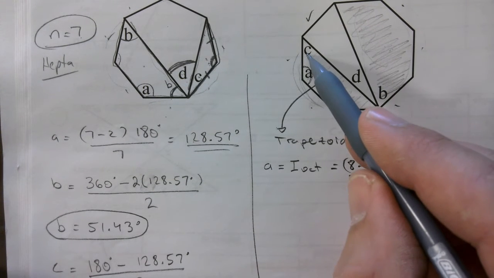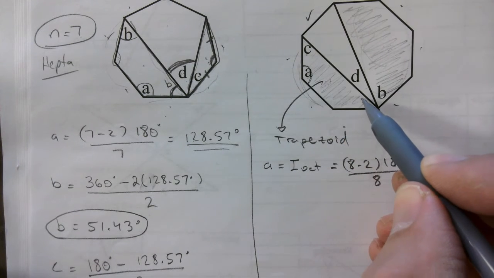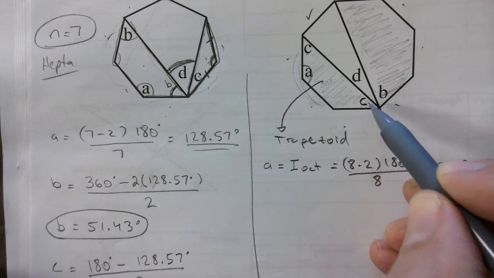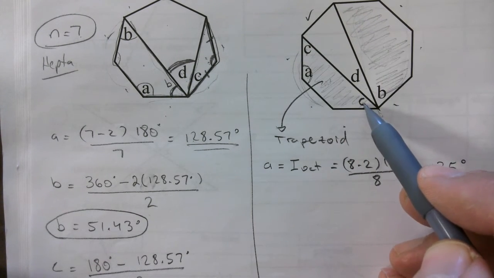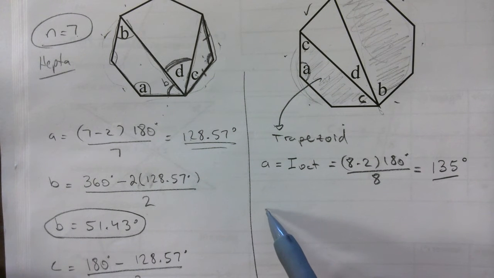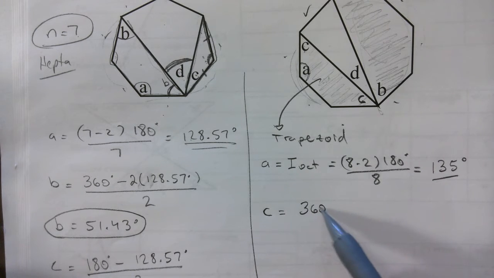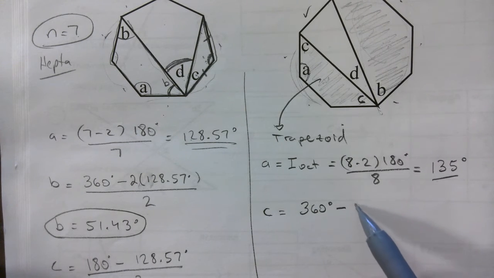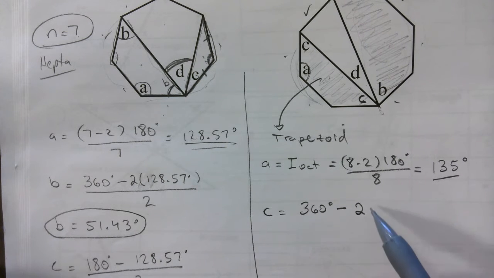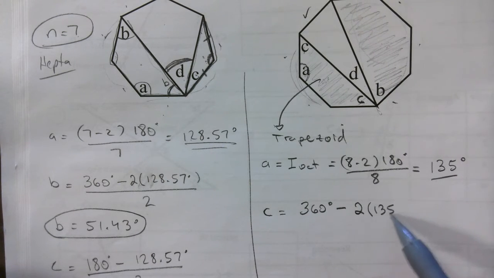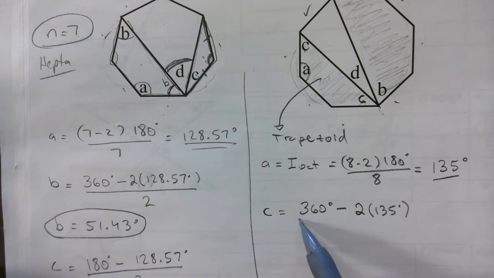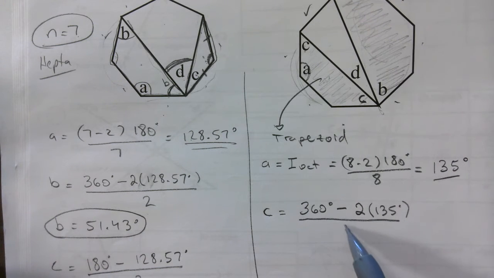If this is C, then this is C also, right? Make no mistake, they're the same. It's an isosceles trapezoid. So to find C, it's going to be 360 minus 2 times the interior angles, and the remainder you will split in half.